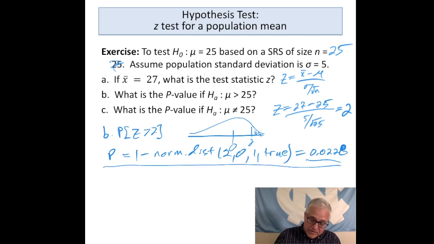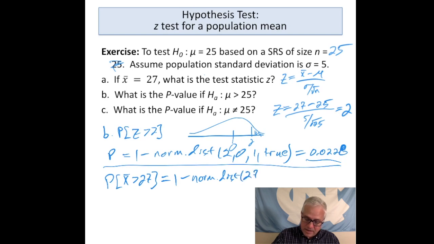We could also have found this same p-value looking at the probability that x bar is greater than 27, assuming the null hypothesis is true. And you could draw the picture for x bar, but that would be 1 minus norm.dist of 27, where the normal distribution has mean 25 and standard deviation sigma over root n.